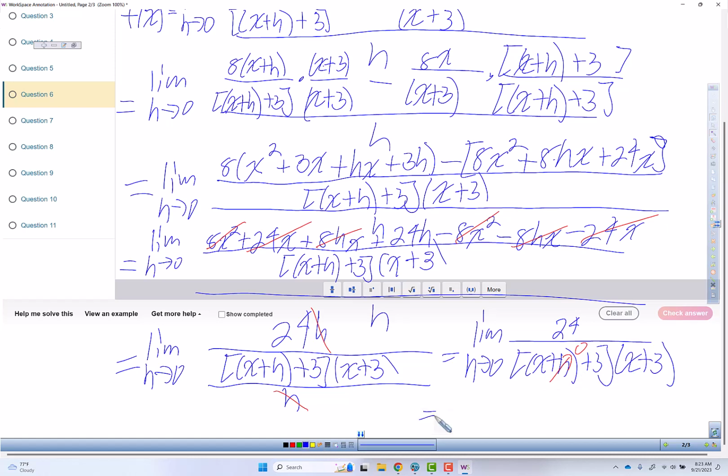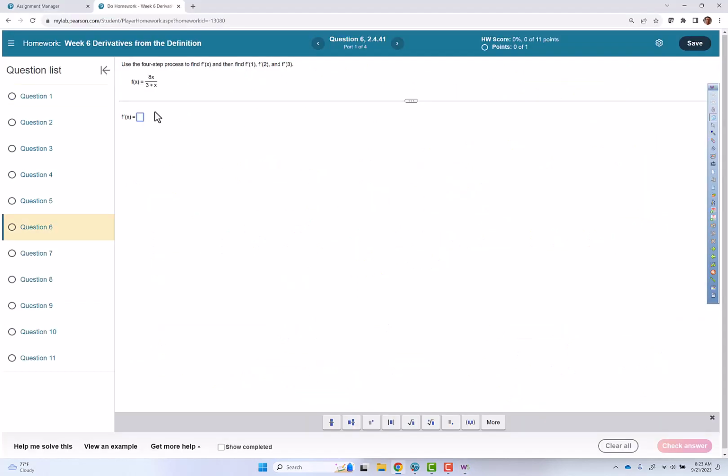So our final answer is 24 over x plus 3 times x plus 3, also known as 24 over x plus 3 squared. Go put in that answer.